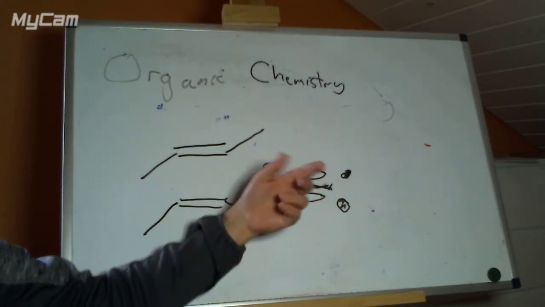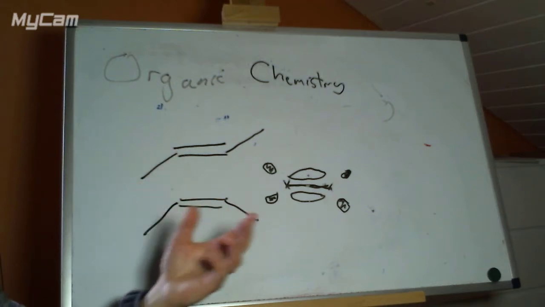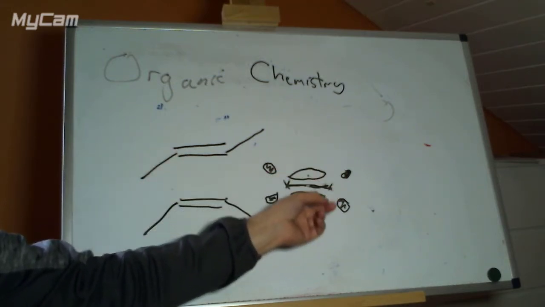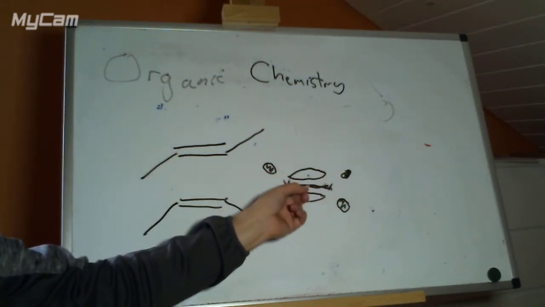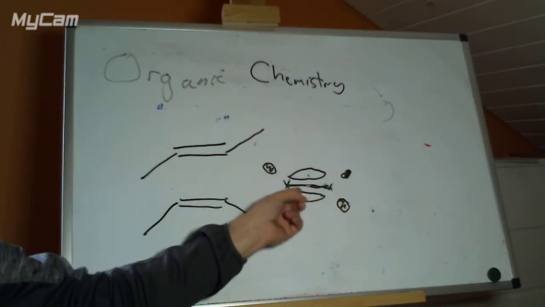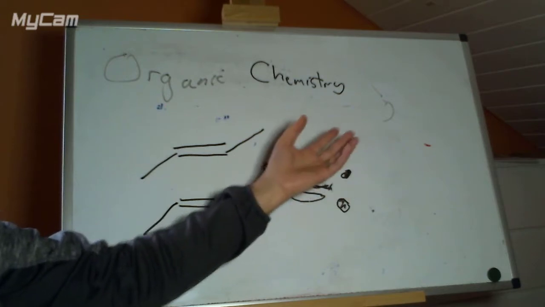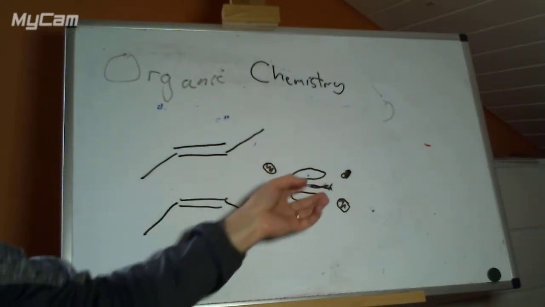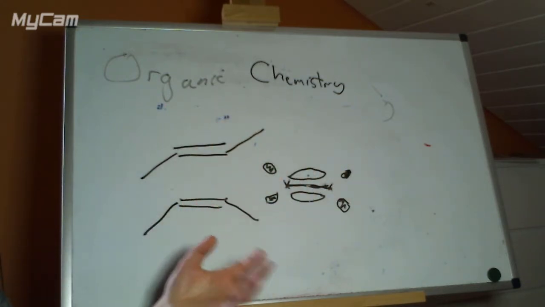This bond on the outside, the second bond, is weaker. It's on the outside. And if we want to form an antibond, the antibond to this one is out here, and the antibond to the double bond is out here, and it has about the same symmetry as the bond itself. So that all makes sense.